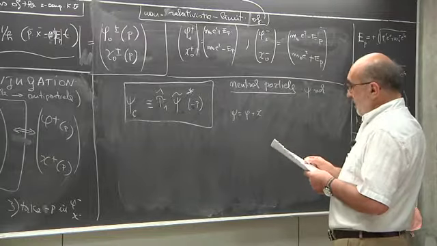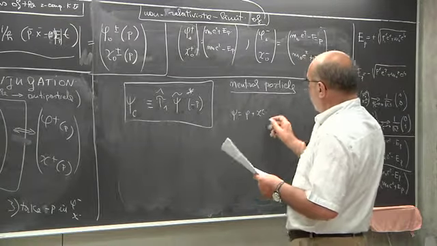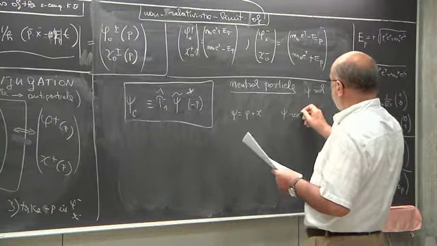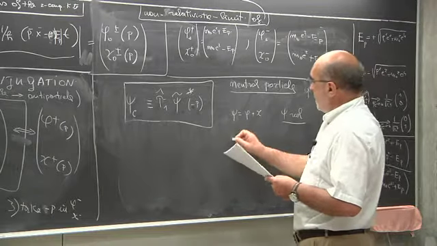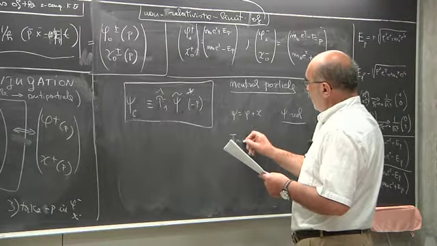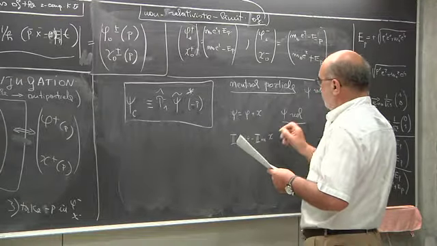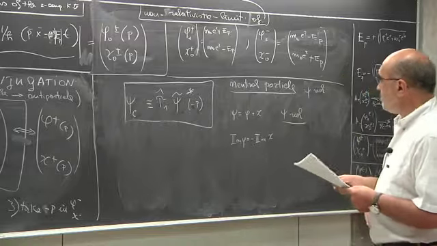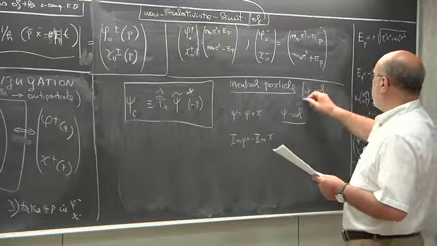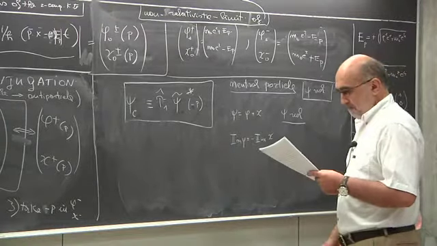So if psi is real, it means the imaginary part of phi is equal and opposite to the imaginary part of chi. So for a neutral particle, psi is real.